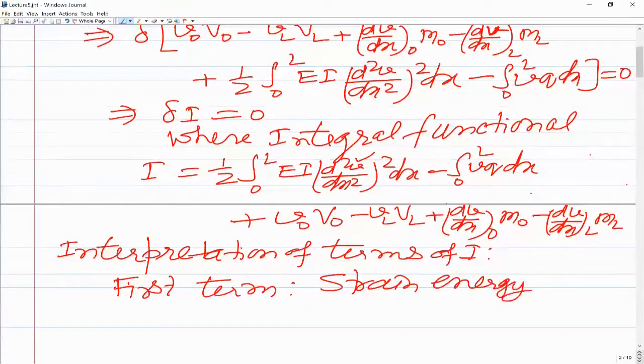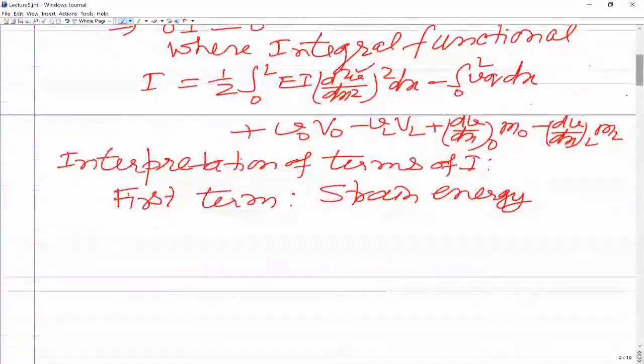And as I said, this I is also referred to as the integral functional or the total potential energy functional. So the first term is strain energy.